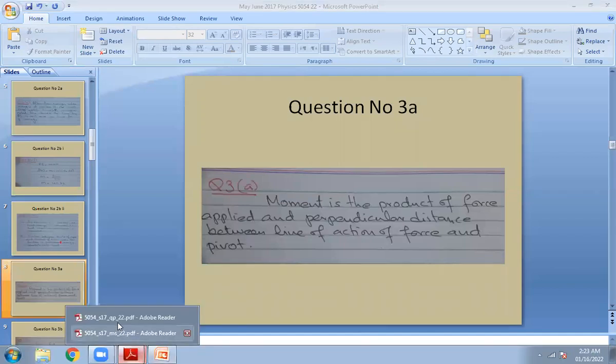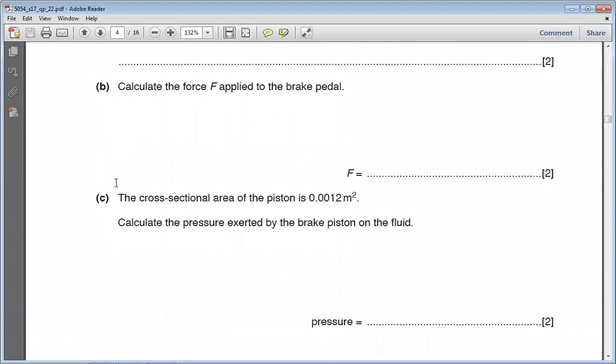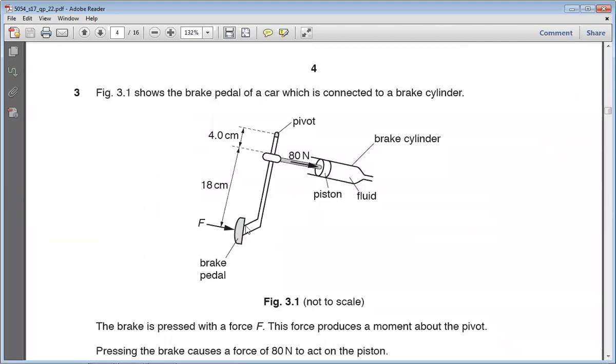The next part says calculate the force F applied on the brake pedal. It's a 2 marks numerical. You can see here you applied the force, and its distance from the pivot is 22 centimeter. Here the force produced on the piston is 80 Newton, and its distance from the pivot is 4 centimeter.